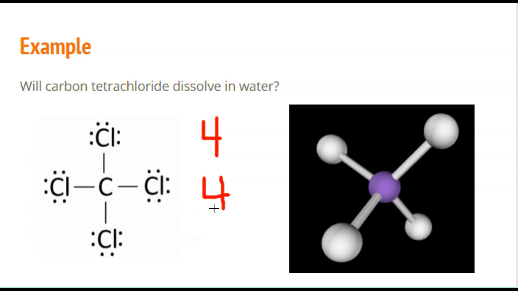This is not polar. So if it's not polar, guess what? It is not going to dissolve in water. Water is polar and this is not polar. In order for them to dissolve in each other, they have to be the same. So this is opposite.